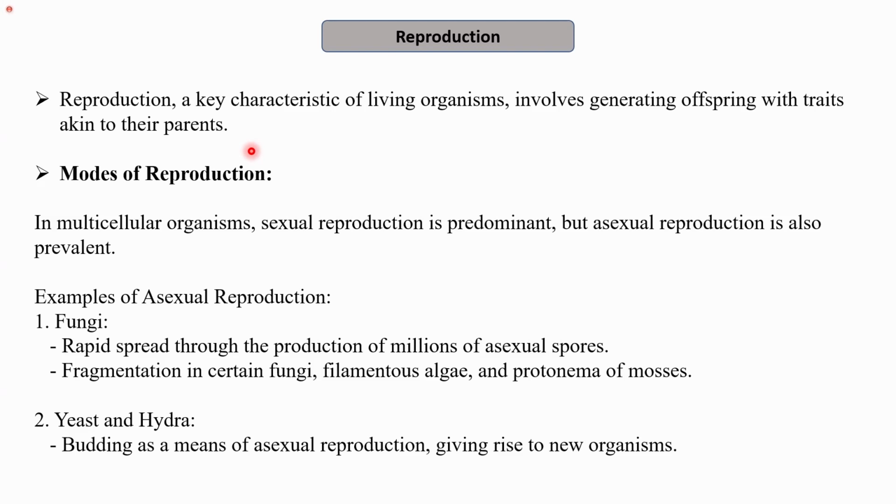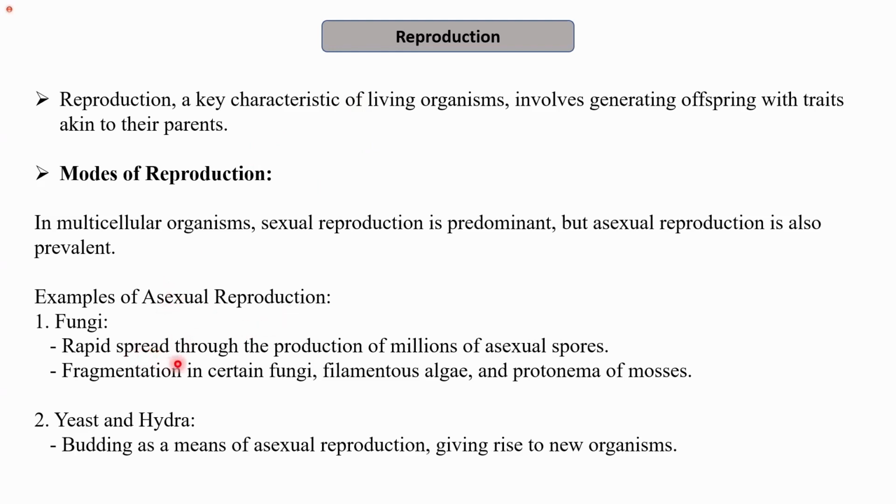So there are different modes. As I mentioned, in multicellular organisms, usually plants and animals, in most cases sexual reproduction is predominant, while asexual reproduction is also prevalent in some cases. For example, in fungi, which are also multicellular organisms, reproduction most of the time happens through asexual reproduction.